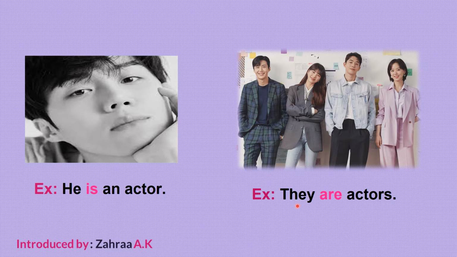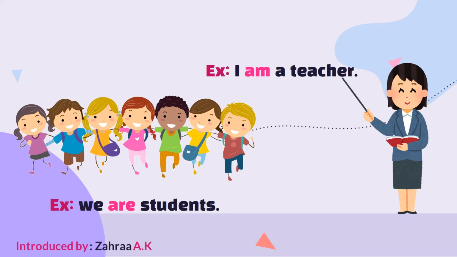So they pronouns refer to the plural names يعني they هو ضمير يشير إلى المجموعة. إذن فعل الكينونة راح يكون are بما أنه هم جمع. They are actors. And I am a teacher أنا مدرسة أو I'm a teacher.